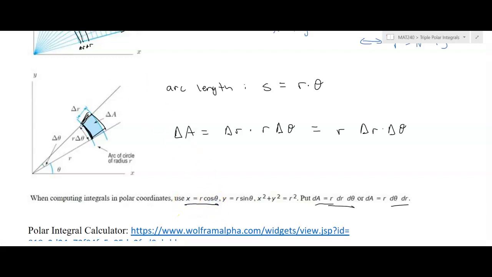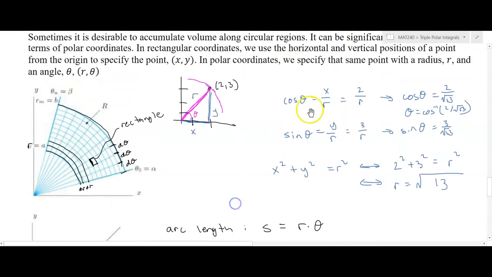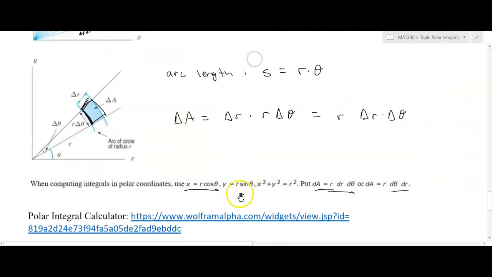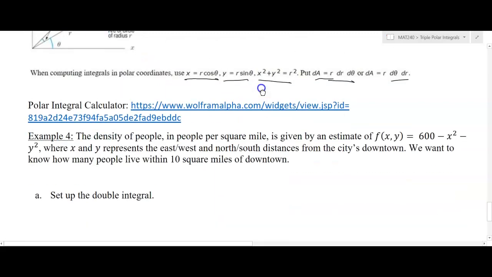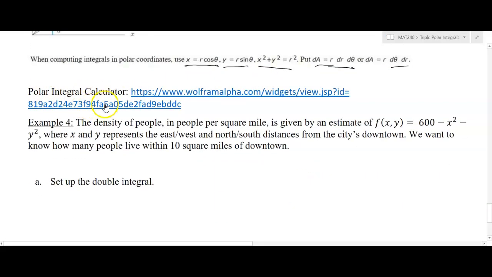So we know that x is equal to r cosine theta because of our right triangle trigonometry over here, and y is equal to r sine theta. So we're going to have to replace x and y with the relationships between r and theta. And sometimes the Pythagorean identity will be useful as well, to replace x squared plus y squared with r squared. Now trust me, these are super quick to set up. We're not going to do them by hand, but the polar integral calculator will do this for you.